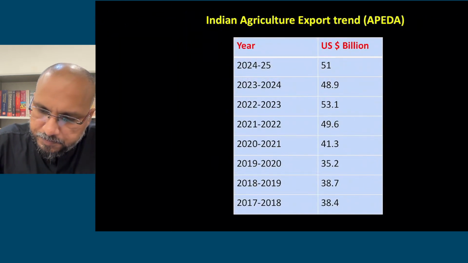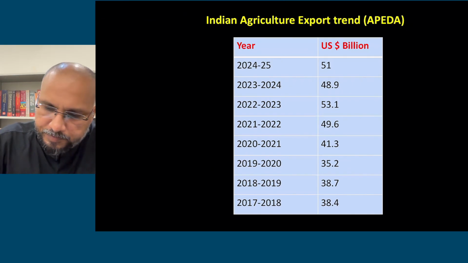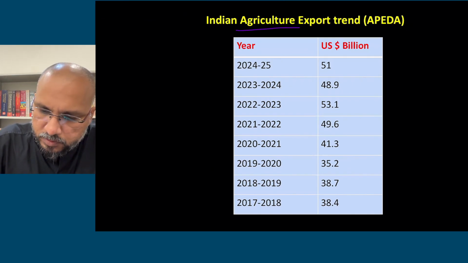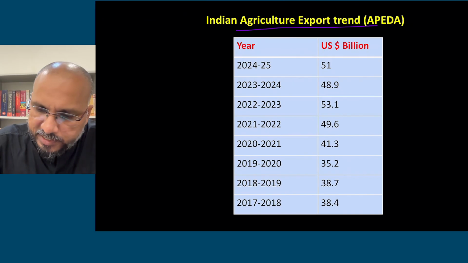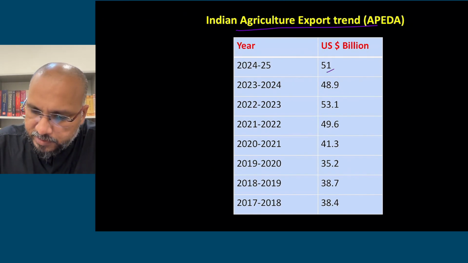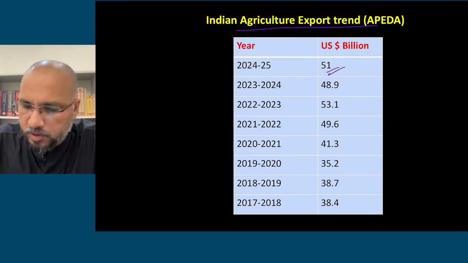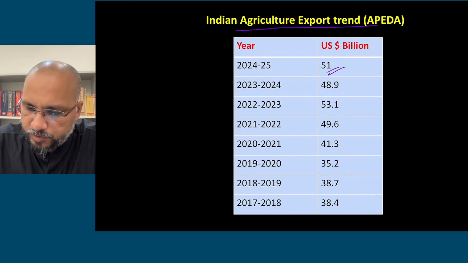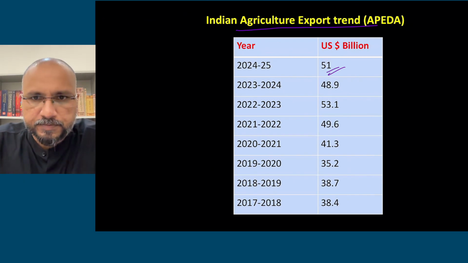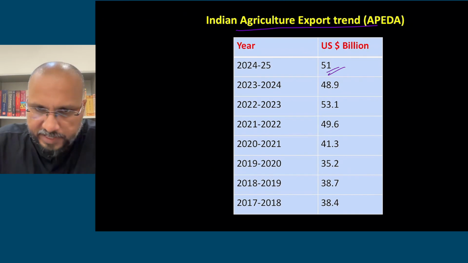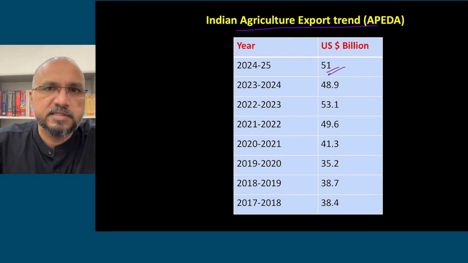Now coming to export in terms of value, total export. This year it has gone to $51 billion. The export of agricultural commodities has increased over the years. Our import is less than export.